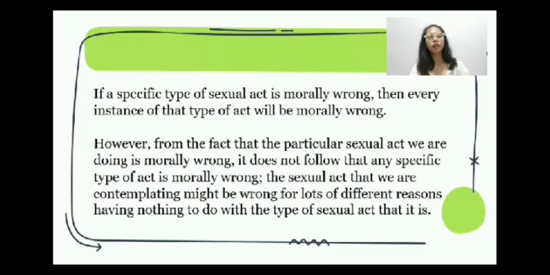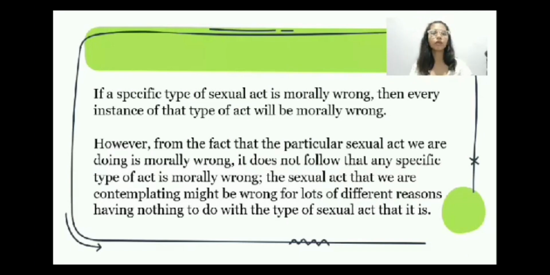For example, suppose a married man is engaging in coitus or any specific type of sexual act with another woman aside from his wife, and that this particular act is wrong because it is adulterous. The wrongfulness of the sexual activity does not imply that coitus in general, as a type of sexual act, is morally wrong.